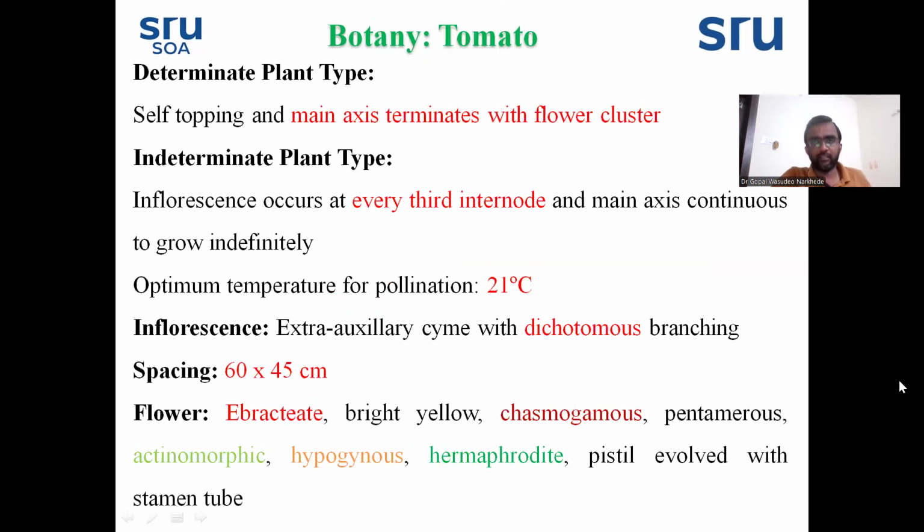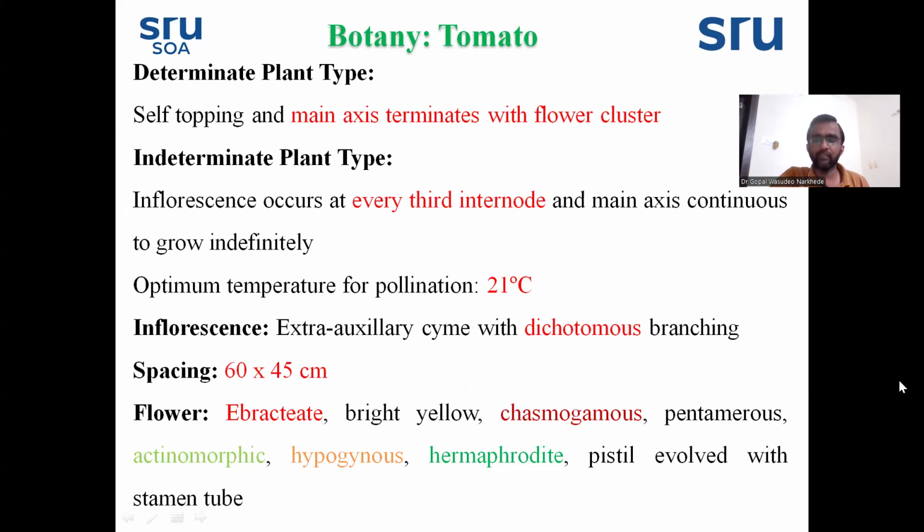So next is botany of tomato. First is determinate plant type. So what is meant by determinate plant type? In determinate plant type, the main axis terminates with flower cluster. Then second is indeterminate plant type. So mainly there are two types of plant types available in tomato, determinate and indeterminate.